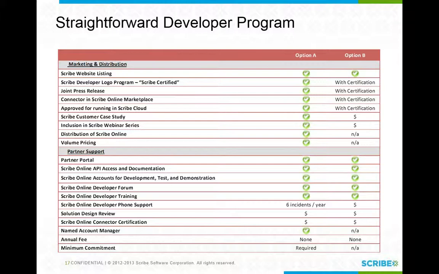And we'll talk about the pricing for that in a minute, but it's usage-based as well. And that certainly comes with a lot more benefits, but probably the biggest benefit, again, is the ability to bundle Scribe Online within your solution and to be able to get pretty heavily discounted volume pricing because of that.